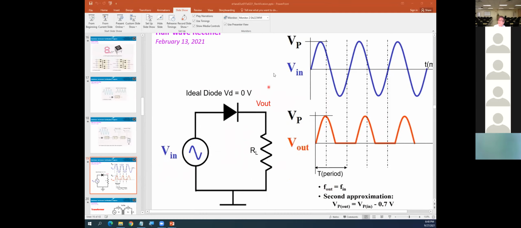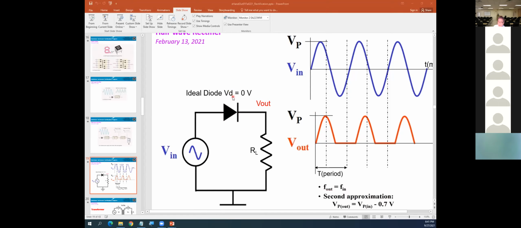Okay, so you apply the sine wave here to the circuitry. The positive half turns on the diode, so you can get this part coming out. From 0 to here, that will be VP. Remember, they gave you this with the ideal diode.